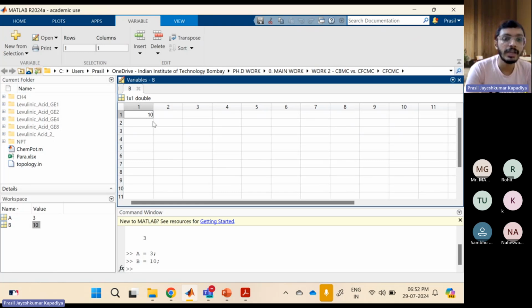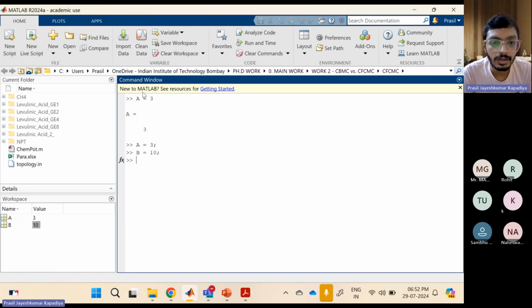This is what we can do with very basic operations. Now let's say I want to do summation: c = a + b. So c is 13, and as I have not kept a semicolon here, I can see this value getting printed out here.